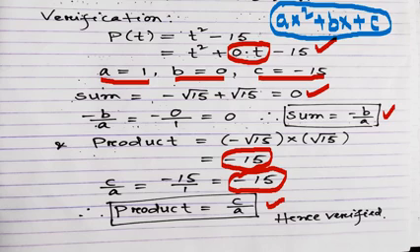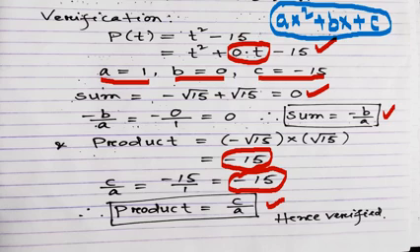Now the sum is equal to minus root over 15 plus root over 15, it is 0. Also, calculation using coefficients, minus b by a, is equal to minus 0 by 1, which is equal to 0. Therefore, the sum of the zeros is equal to minus b by a.